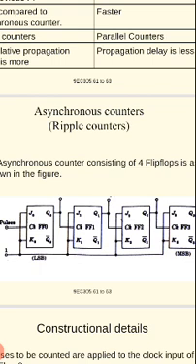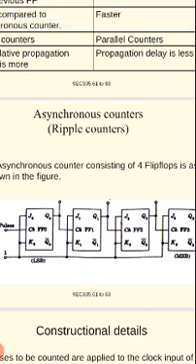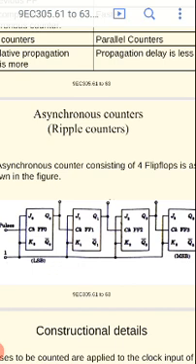This counter has 4 flip-flops, hence it can count up to 2 to the power of 4, means 16. It counts from 0 to 15.